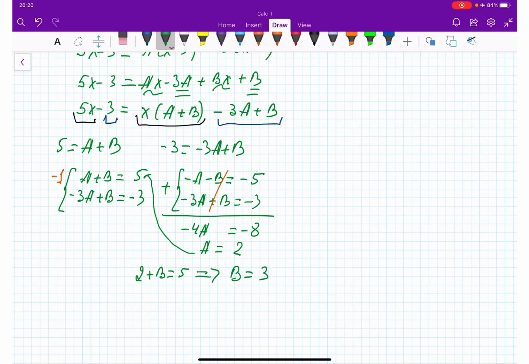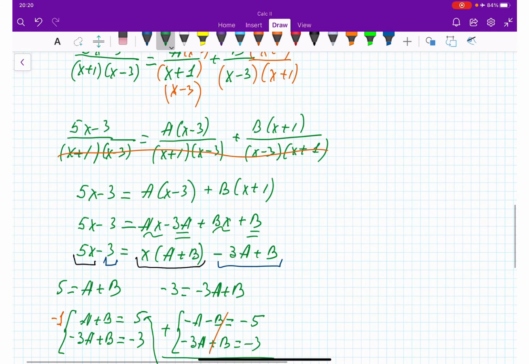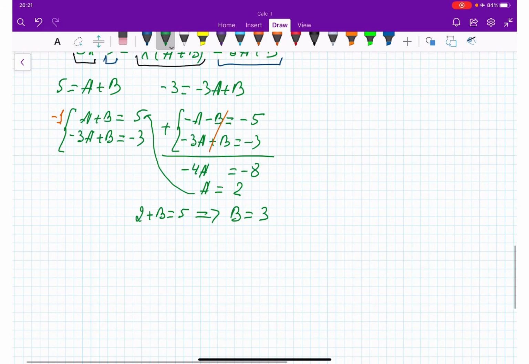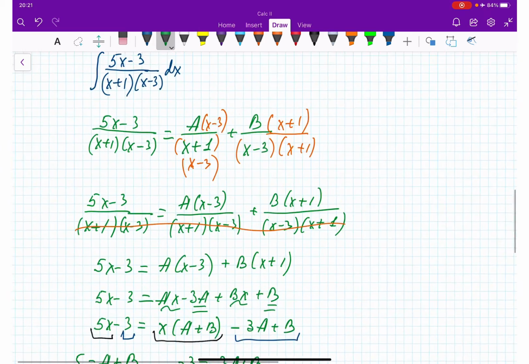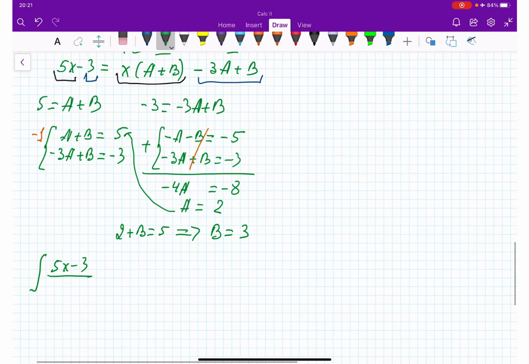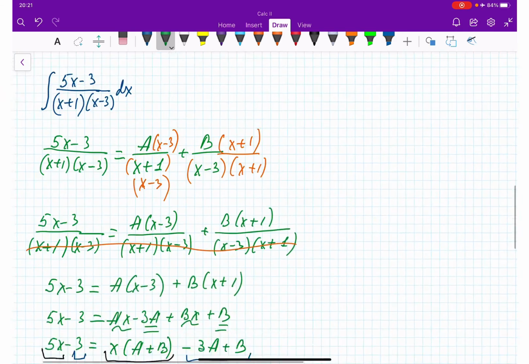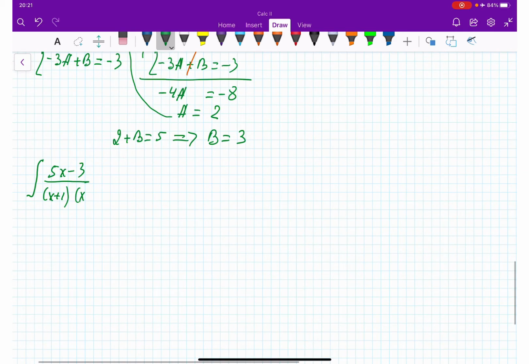Okay, so once we have it, I can do this integral, which is the integral of 5x minus 3 over x plus 1 and x minus 3 dx.